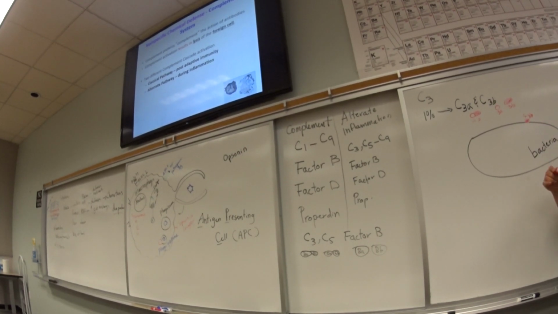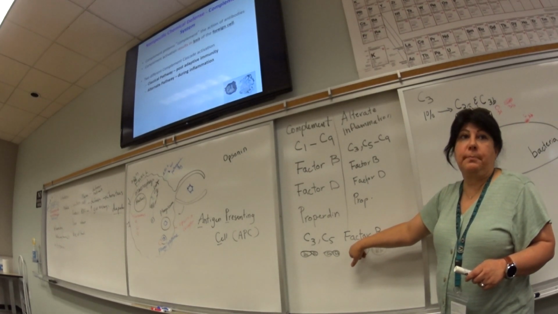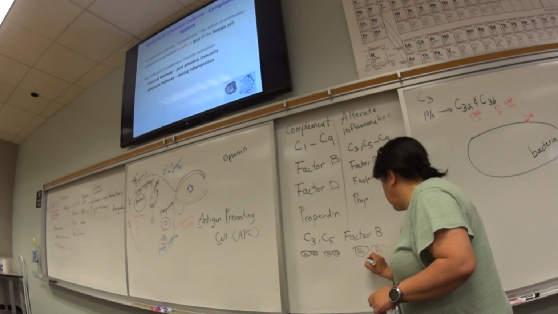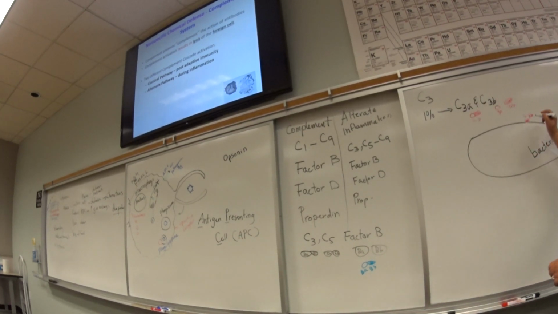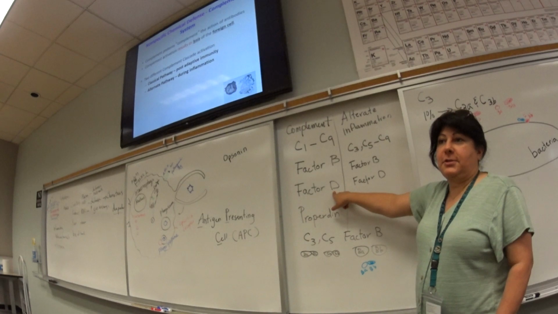That C3B, when it's attached, is going to call in a factor B. Factor B, let's do it this way: this is A, and this is B. So a whole factor B is going to attach to this guy. But factor D is called too.